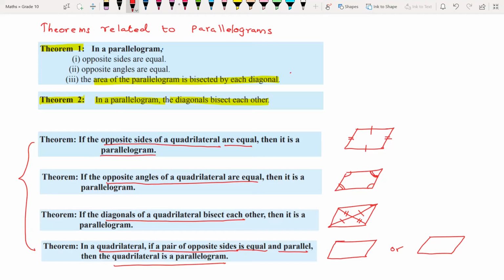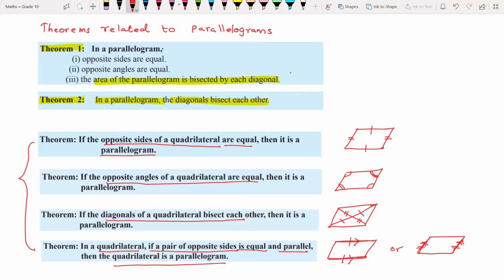If we consider these two opposite sides, if they are equal and parallel, definitely this is a parallelogram. Or if you take the other two opposite sides, if they are equal and parallel, definitely this is a parallelogram. So these are the theorems related to parallelograms.